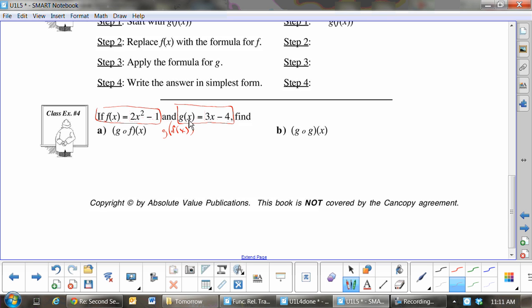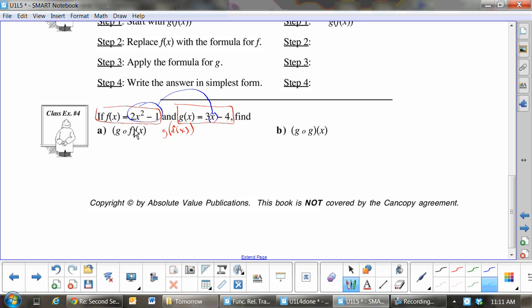Do you see this x here? It's getting replaced here and here. Okay? So I'm taking this entire thing right here, and it is going to go right in there. I am putting f of x inside g of x.